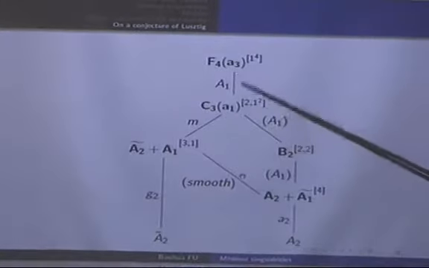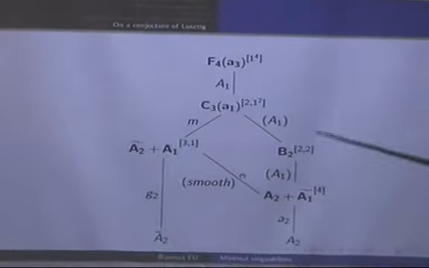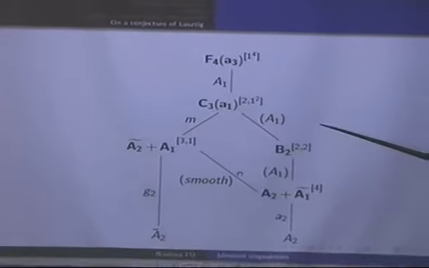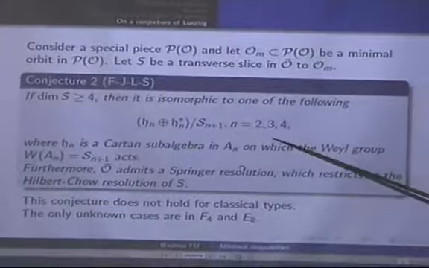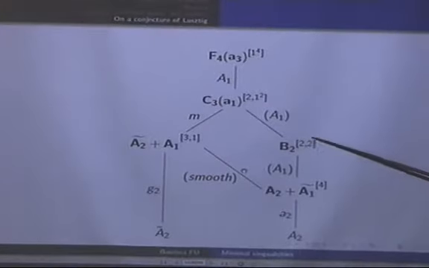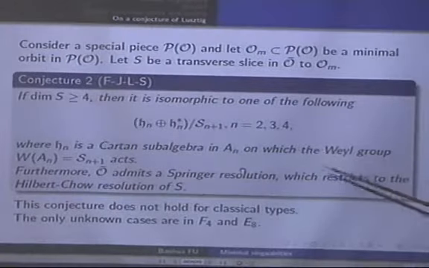This we can show. But if you take a transverse slice from this one, then you get a 6-dimensional case. What we expect is that this should correspond to n equals 3. For this case, this is a conjugacy class of stabilizers. This coincides perfectly with this case.